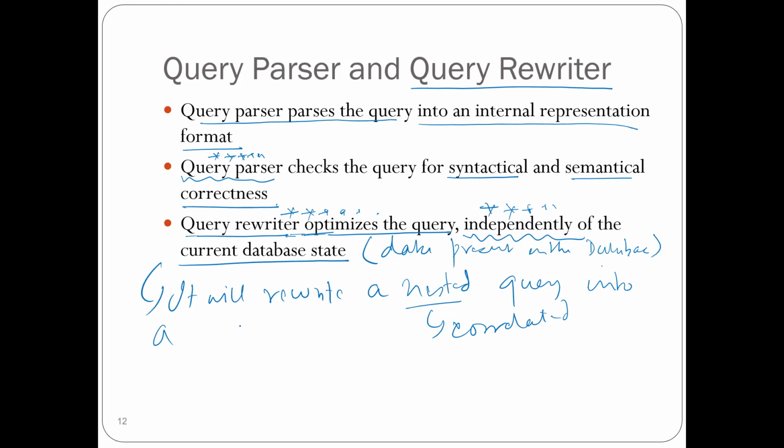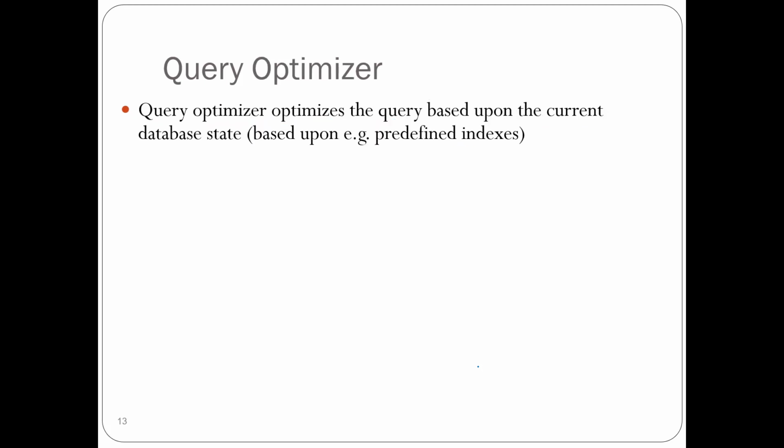So the query rewriter will rewrite a correlated query into a flat join based query. And then the flat query, which is non-correlated, is more efficient. This kind of thing is done by the query rewriter, which is a step towards the optimization of the query.